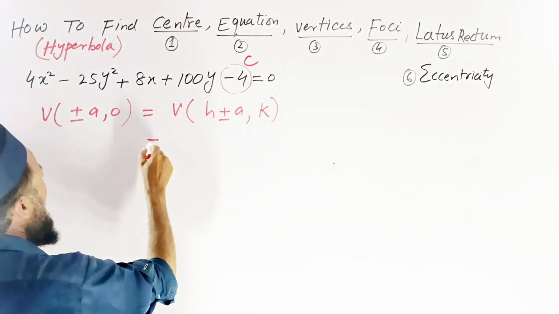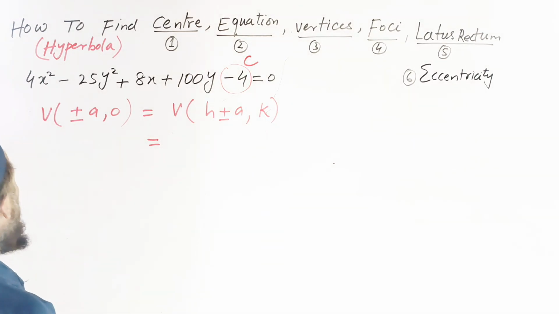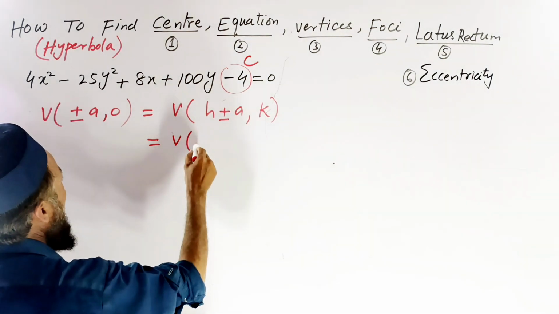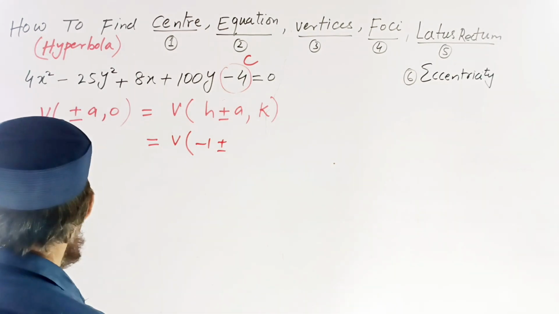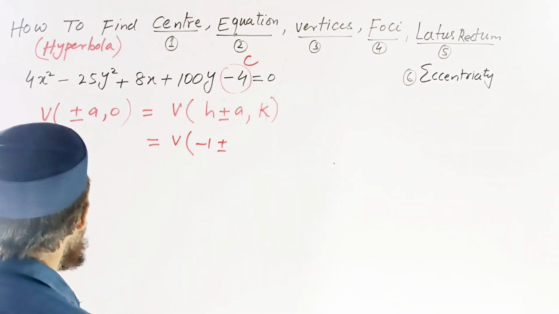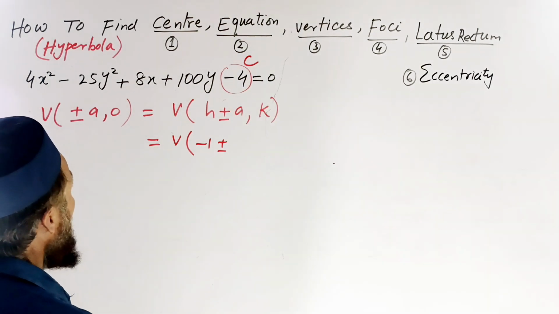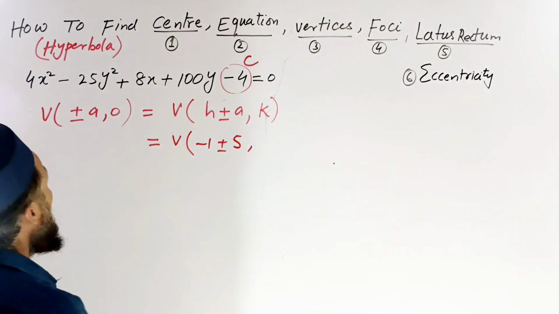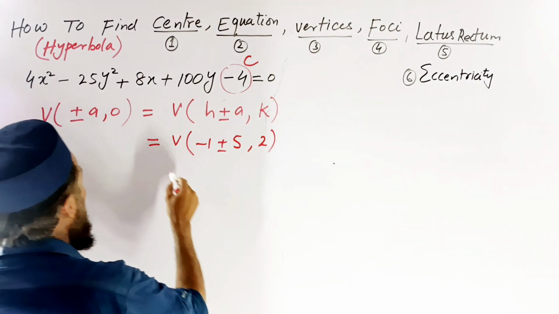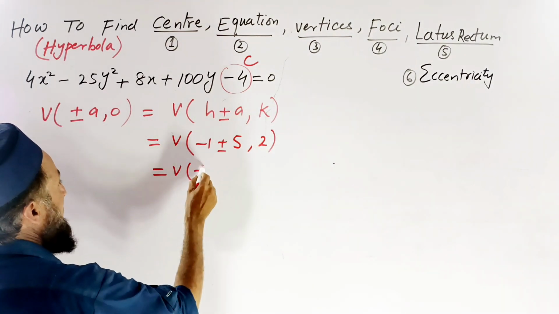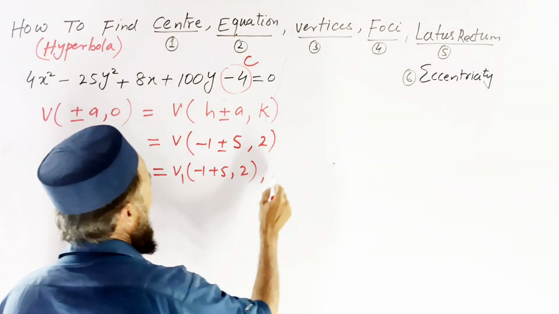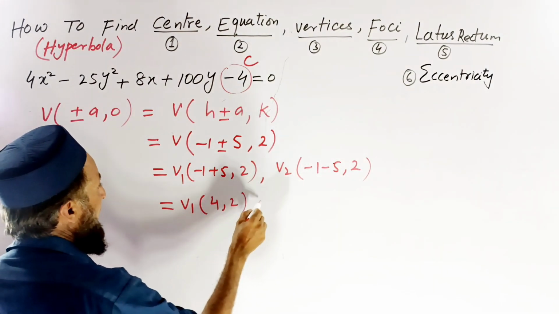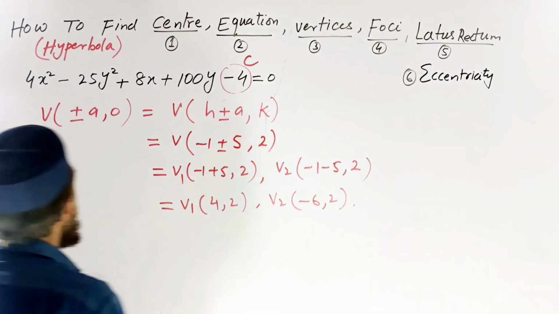Now we substitute the values: h is minus 1, a square is 25 so a is equal to 5, and k is equal to 2. First we add: (-1 plus 5, 2), we get vertex V1 (4, 2), and the second one is (-1 minus 5, 2), so V2 is (-6, 2). This is called the vertices.